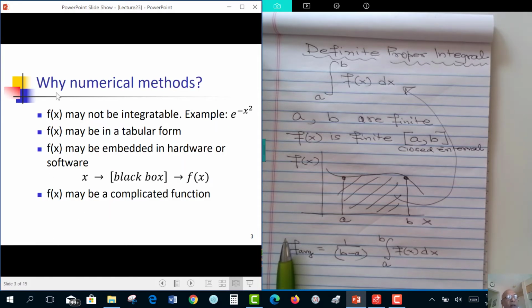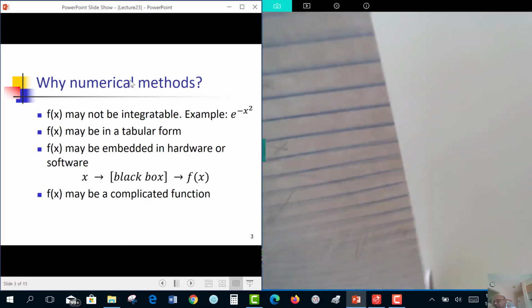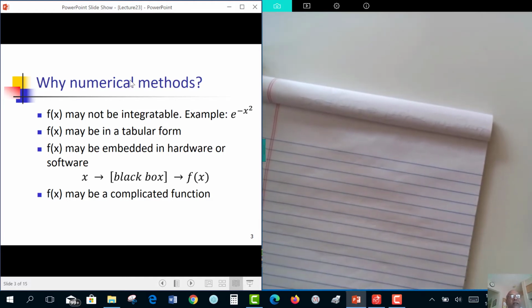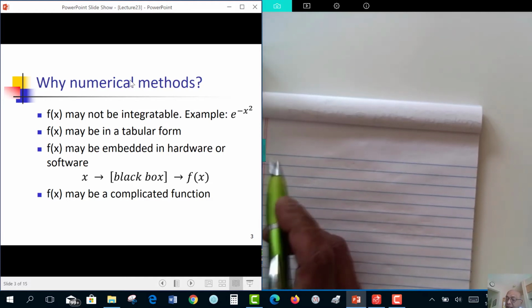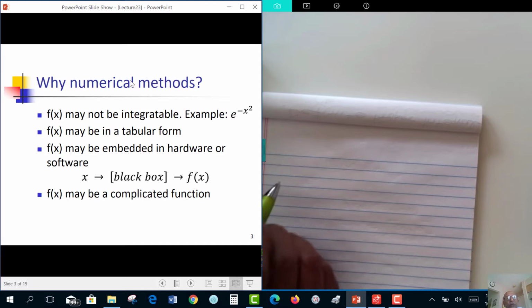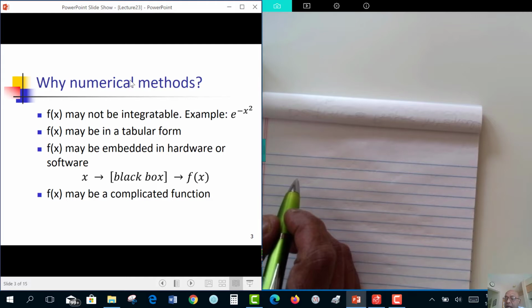Okay, so let's see why we want to learn numerical methods to integrate, especially when you probably spent more than half the semester on integration techniques. Well, the integration techniques you learned in your calculus courses can integrate only a small number of functions. Many functions are not integrable.